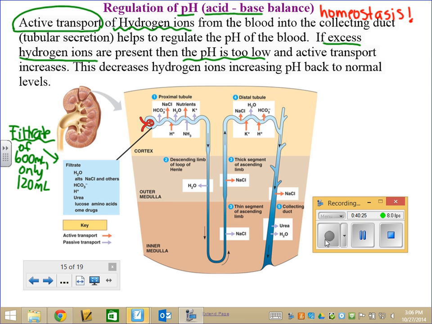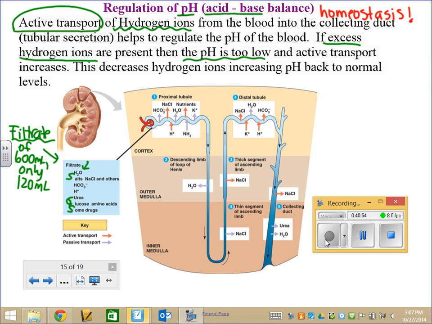So in the filtrate, you will find a bunch of substances. You will find water. You will find all sorts of salts. Sodium chloride could be one of them. You'll find bicarbonate, HCO3, hydrogen, urea, glucose and amino acids, and potentially some drugs if there are any in your system.